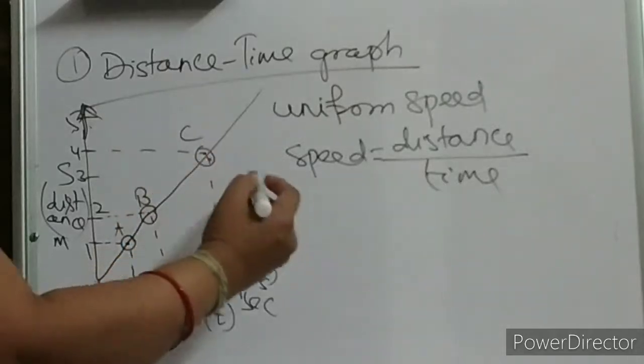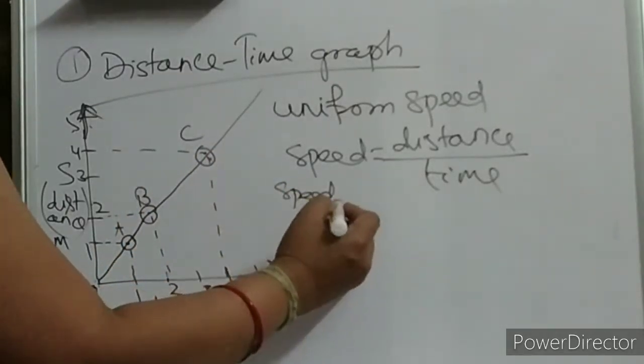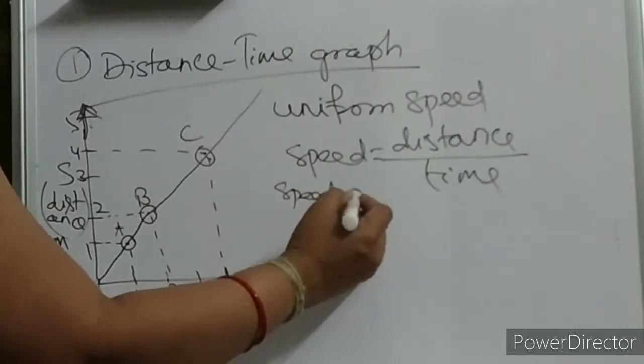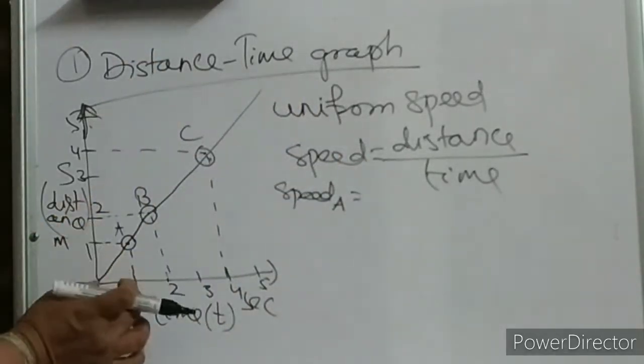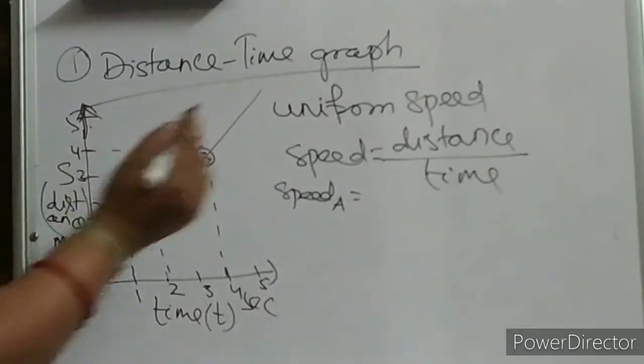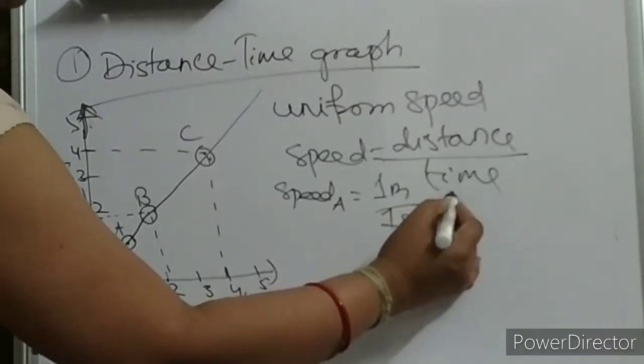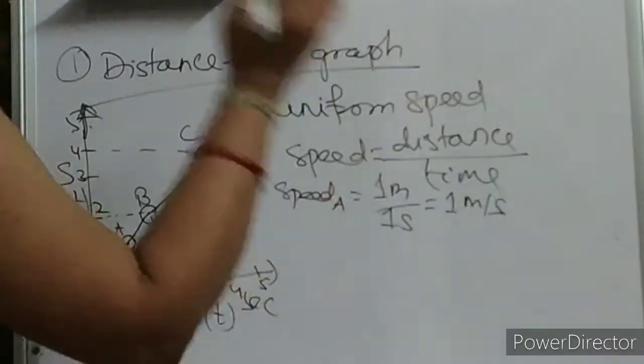Distance travelled is 1 meter in time 1 second. So 1 meter by 1 second. It will be 1 meter per second, children.